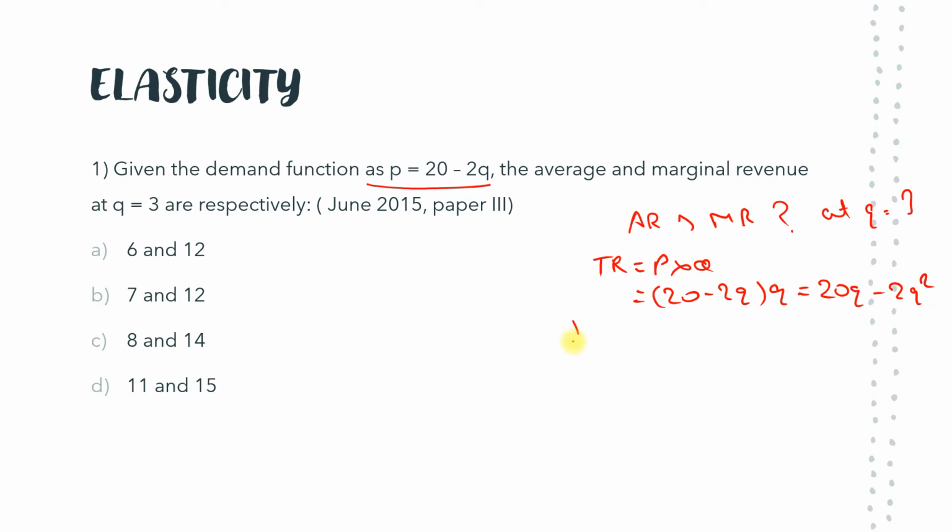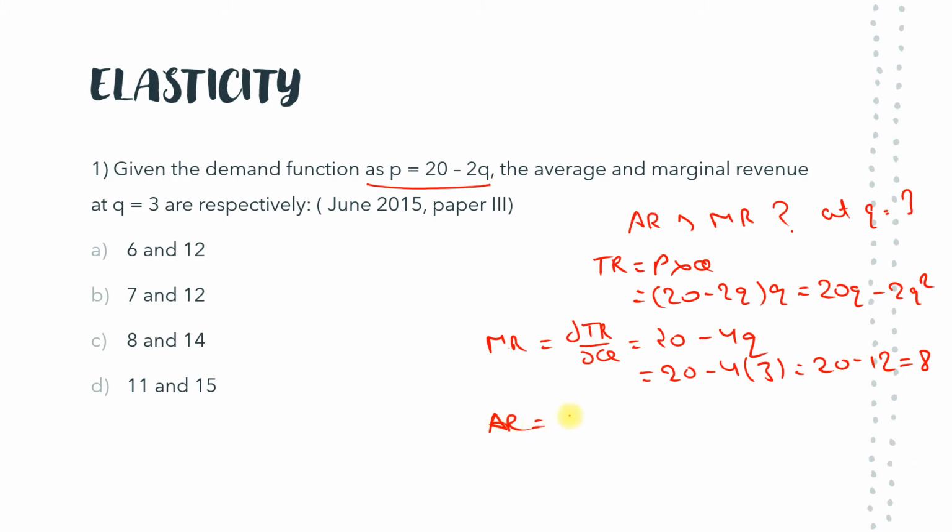Now we have to differentiate TR with respect to Q to find marginal revenue. When you differentiate it, it will be like this. So now put Q in this function. So your marginal revenue is 8. Now we have to find average revenue. For average revenue, you have total revenue here.